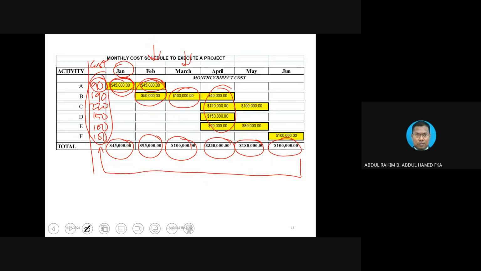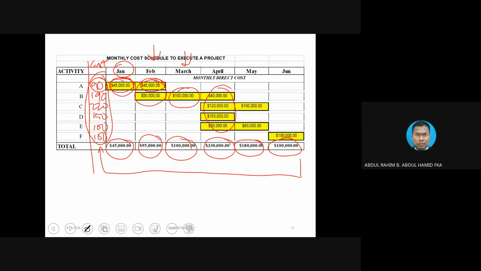Simply because of the practice of payment in the construction industry anywhere in the world: a client is going to pay you according to the month or the progress of the work. And the easiest way is basically to pay according to monthly payment. That's what we call monthly payment.